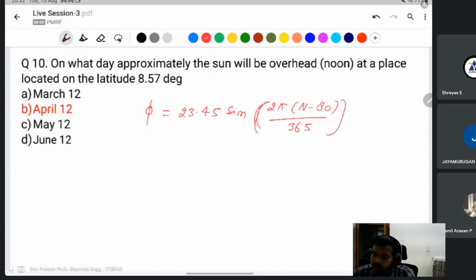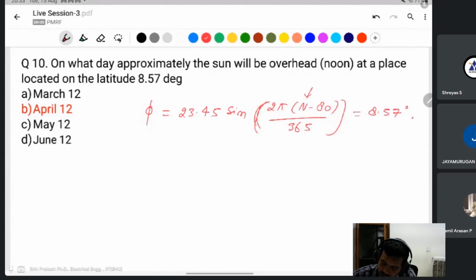N is the number of the day: at January 1st, n is equal to 1, and at December 31st, n is 365. This angle is given as 8.57.